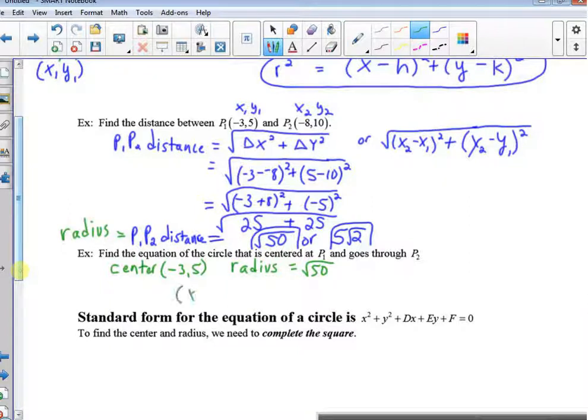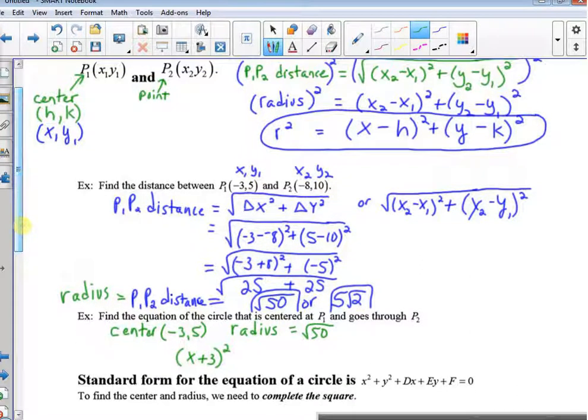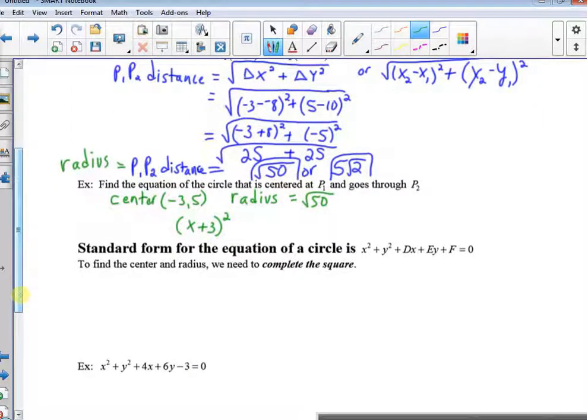So it would be x plus 3 quantity squared. Because it was h comma k, but we have x minus h. So we have to take the opposite of h, the opposite of -3, and put this in. x plus 3 quantity squared plus y minus 5 quantity squared equals the radius squared.